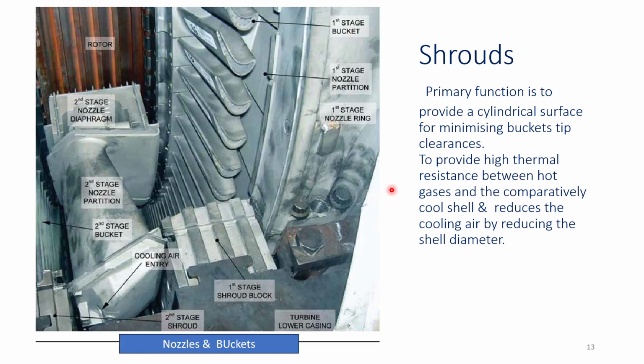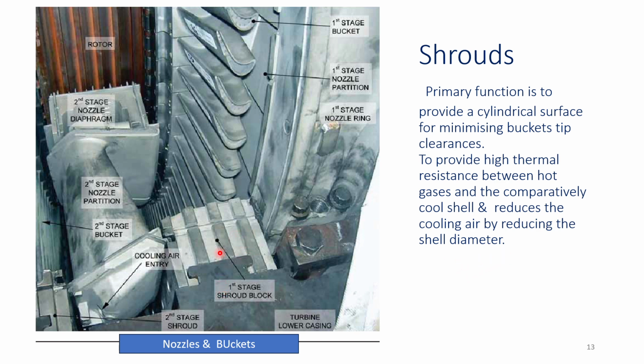Now, let us see what a shroud is. Its primary function is to provide a cylindrical surface for minimizing the bucket tip clearance, to provide high thermal resistance between hot gases and the comparatively cool shell, and to reduce the cooling air by reducing the shell diameter.